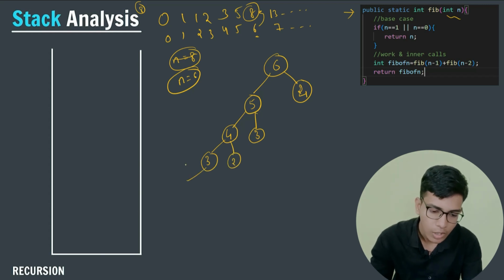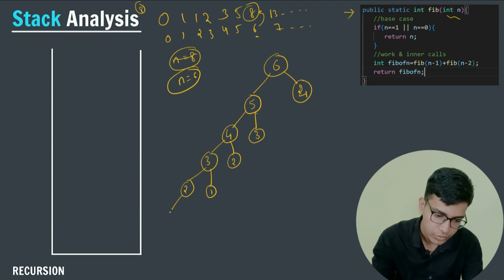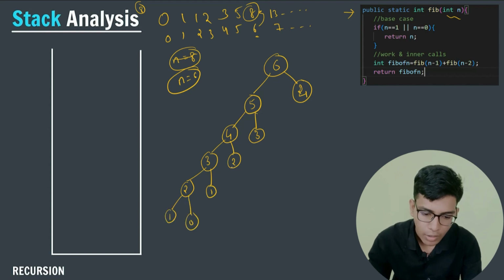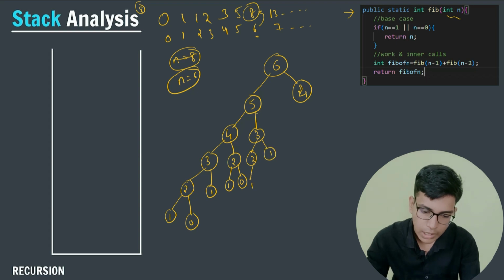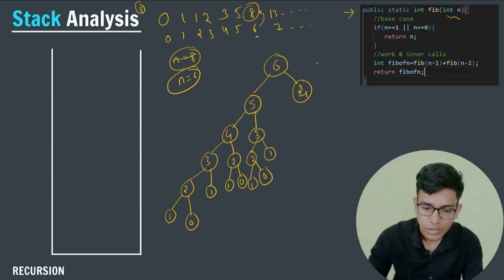Here 3 will call 2 and 1, and 2 will call 1 and 0. After that, 3 will call 1, and 2 will call 1 and 0. After that, 4 will call n minus 1, that is 3.